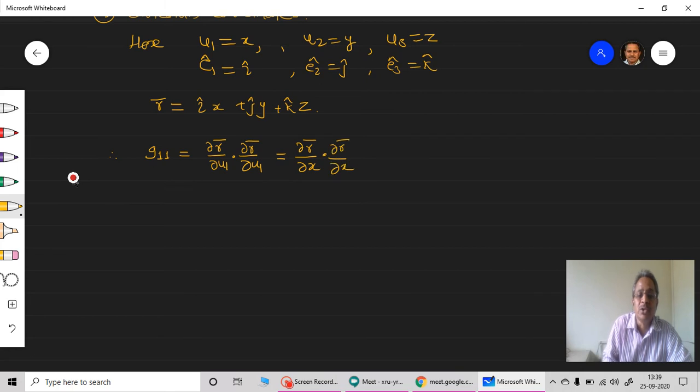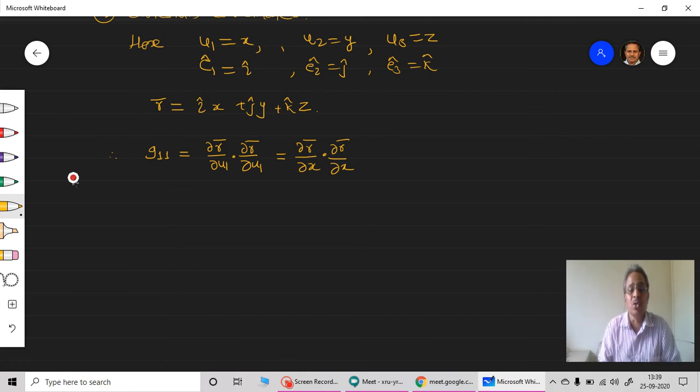This is differentiation of a vector with respect to a scalar, of course a partial differential. Differentiating r bar with respect to x, I'll get only this, and here this component will be 0, this component will be 0, because differential of y with respect to x is 0, differential of z with respect to x is equal to 0.